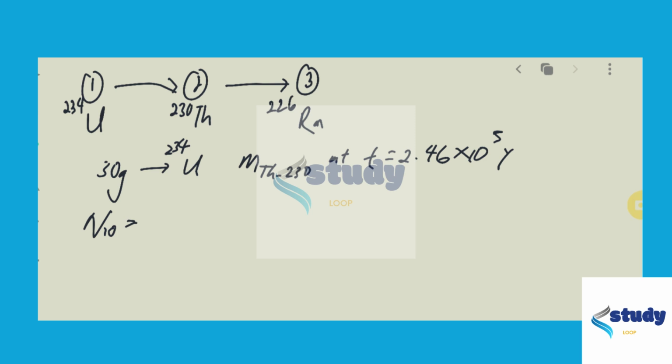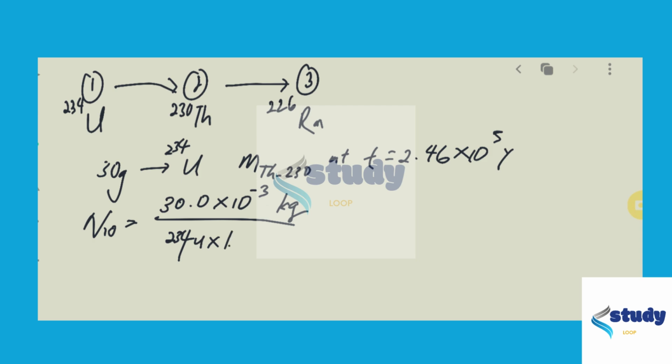Alright, so we take 30 grams, which is 30 times 10 to the power minus 3 kilograms. Divide this by the mass of each uranium nuclide, which is 234 u in terms of atomic mass units, and we change this to kilograms, right?